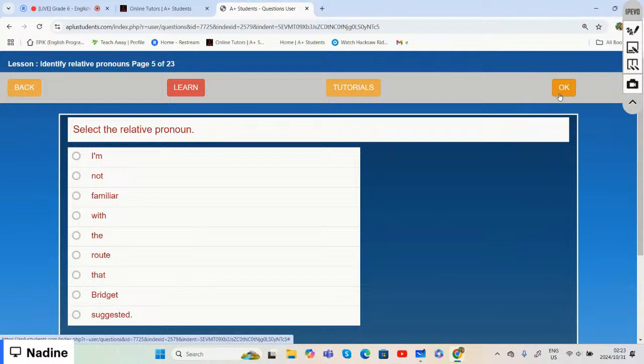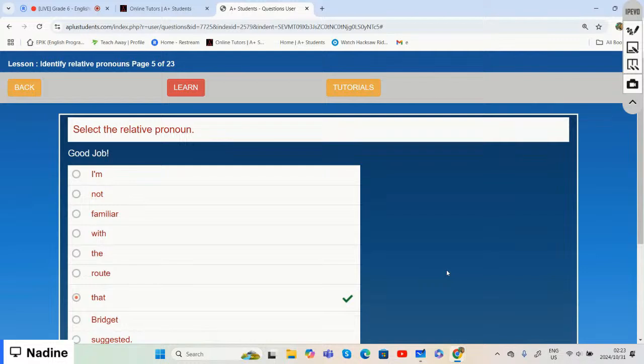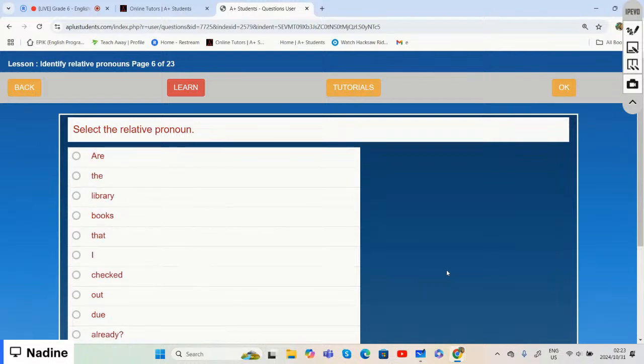I'm not familiar with the route that Bridget suggested, and if we were to select the relative pronoun, then we'll go with the word that. Yes, well done. That is correct.